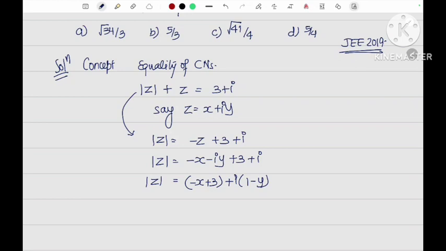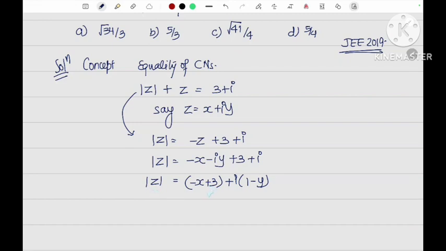Now concentrate here and see that the left hand side is |z|, which is a purely real number. |z| means magnitude of z, the length of the point from the origin by which z is represented. So |z| is a real number on the left hand side. On the right hand side I should also have a real number, because that is the equality.